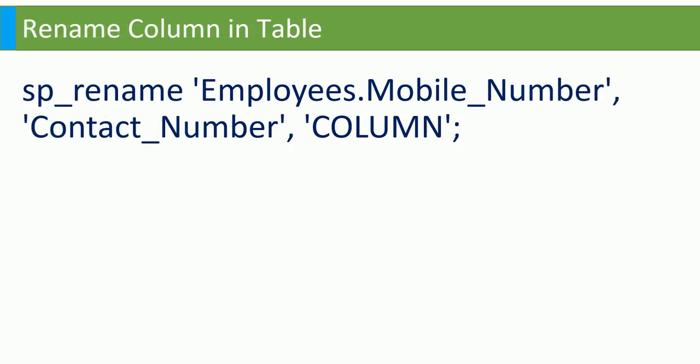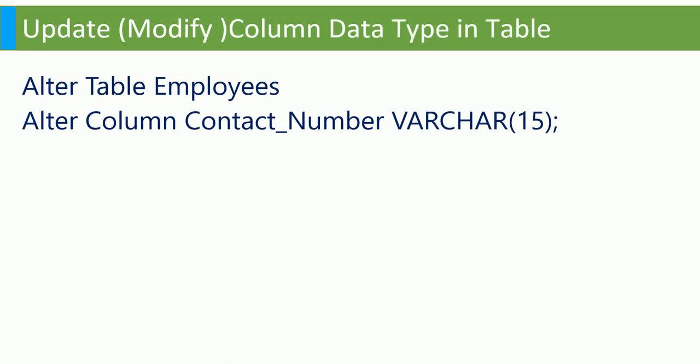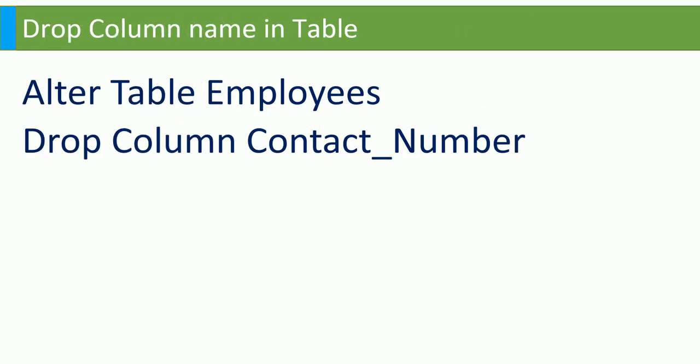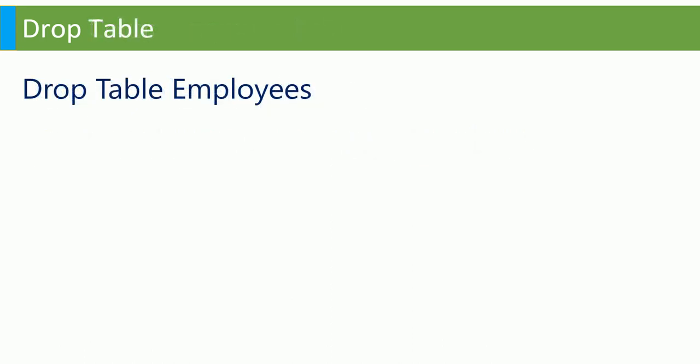And this is how you can rename the column inside the table. Then this is how you can update or modify the data type. And this is for drop column, how you can drop the column from the table. And then finally we'll be dropping the table. So let's get started and we'll do the practical in our server.